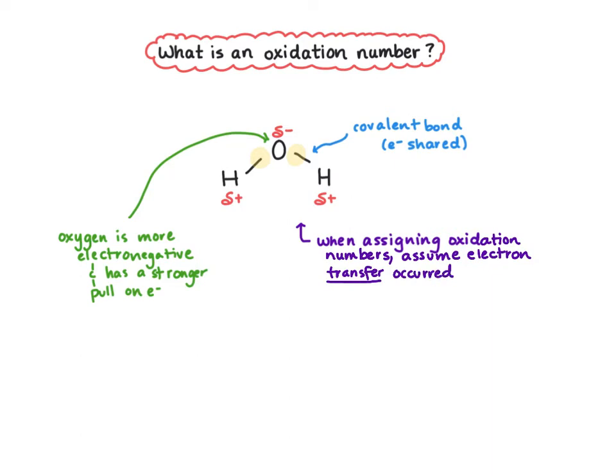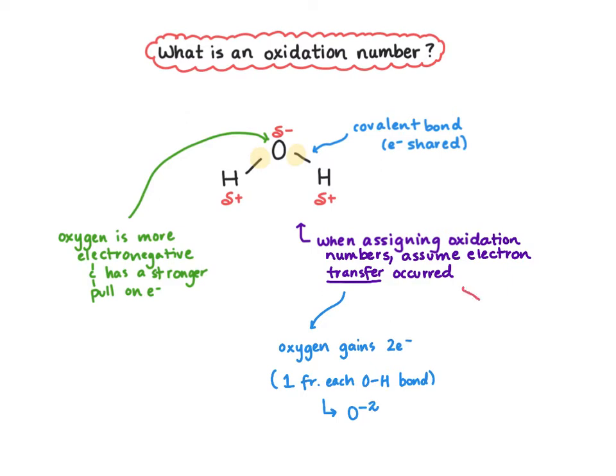So in this compound, where oxygen has a greater hold on those shared electrons, we're going to assume that oxygen gained 2 electrons, one from each oxygen-hydrogen bond. That's going to give oxygen an oxidation number of -2. So it has 2 extra electrons.